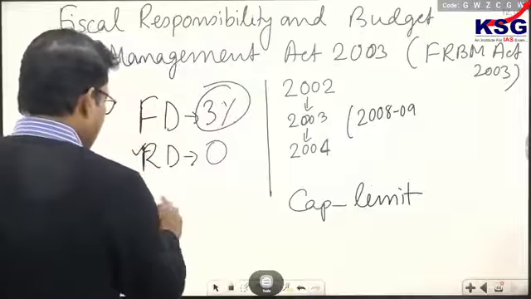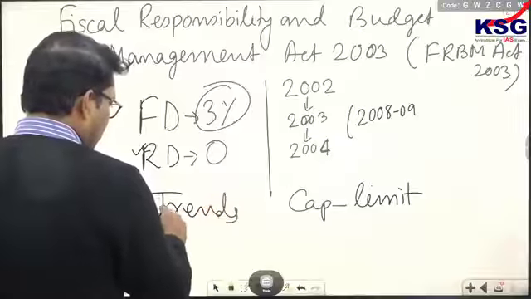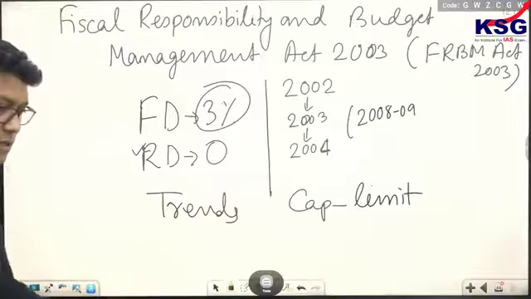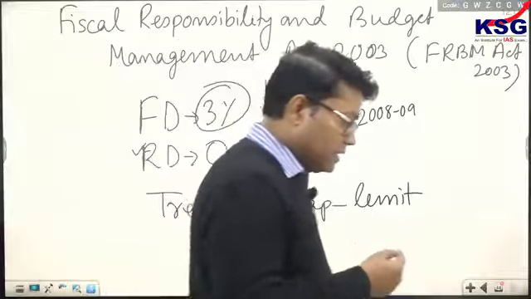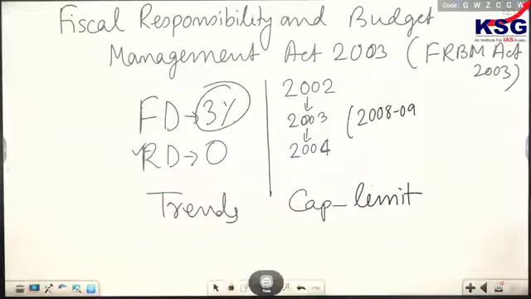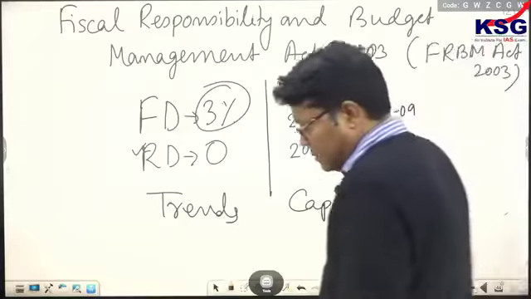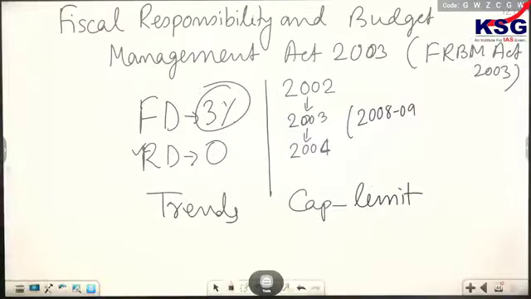What is a trend? An assessment of trends in expenditure of the government and receipts of the government.